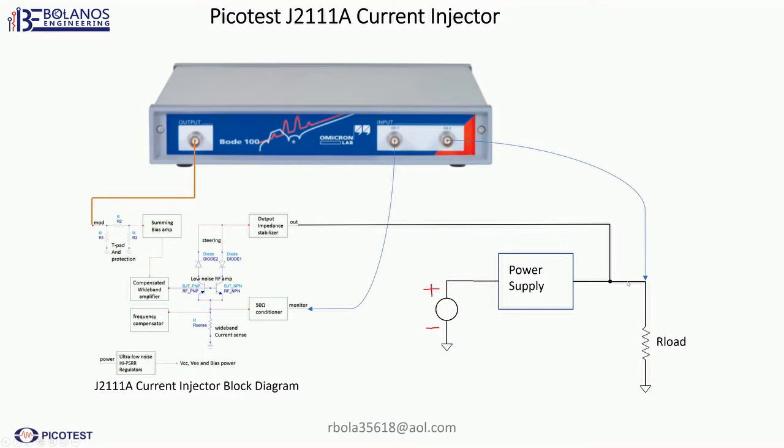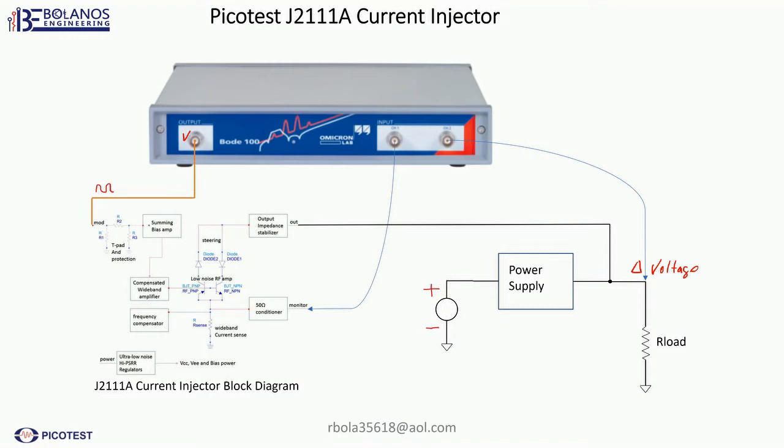Then that same node you connect to channel 2. Channel 2 will be measuring a voltage, a delta voltage. And then here you have the output of the Bode 100, which outputs a signal.